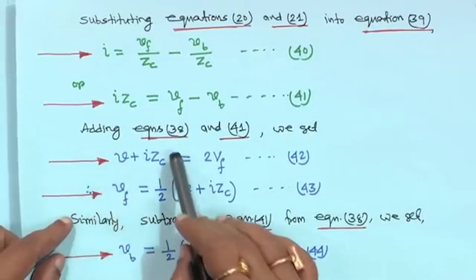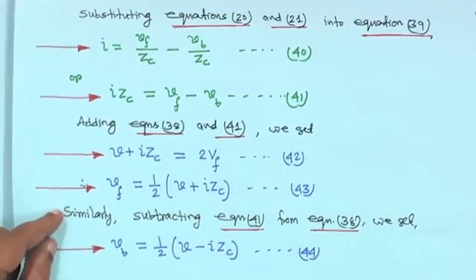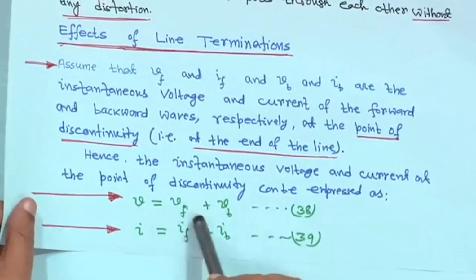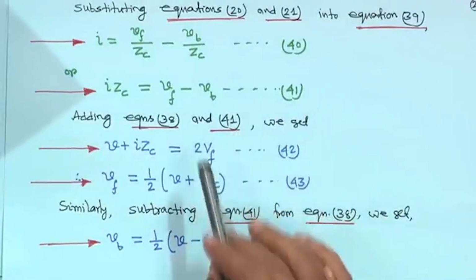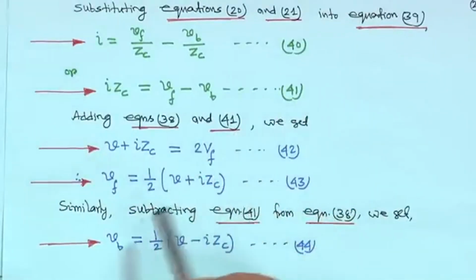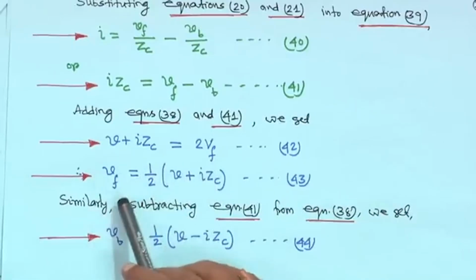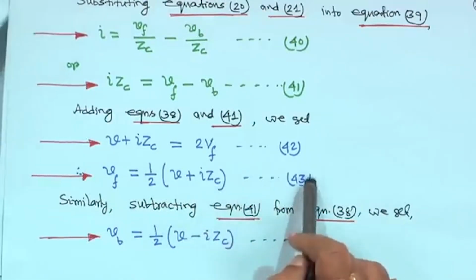Next, you add equation 38 and 41. Equation 38 is V equal to Vf plus Vb, and this is equation 41. If you add them, you will get V plus I Zc is equal to 2 Vf. Therefore, Vf will be half of V plus I Zc. This is equation 43, right.